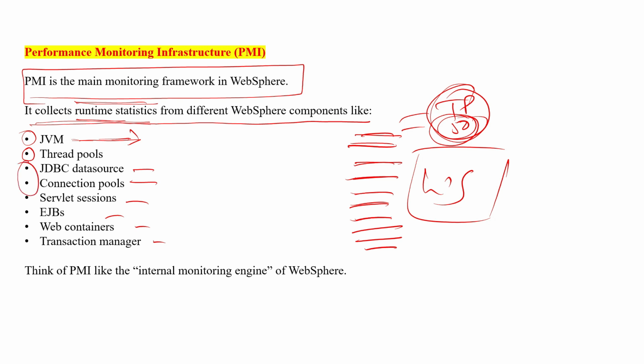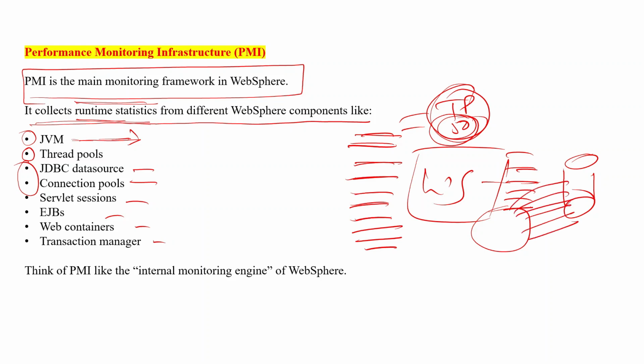Then we have a JDBC data source and connection pool. Your WebSphere needs a connection with the database, right? To optimize the performance, we create ready-to-use connections, which means connections already established with the database. If I say the connection pool is 50, then I have 50 ready-to-use connections.